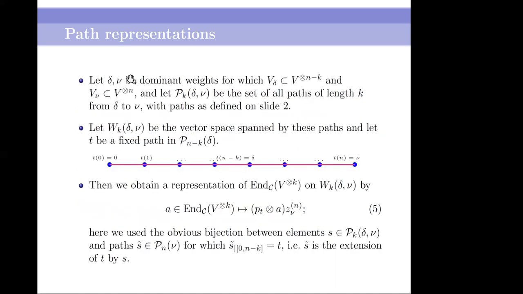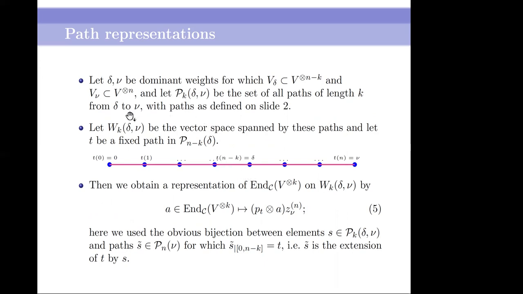Now, for every two dominant weights, with such inclusions, in other words, you can reach delta by a path of length n minus k and mu by a path of length n. Then by Pk delta mu, we mean the set of all paths from delta to mu of length k. So here I have a picture.